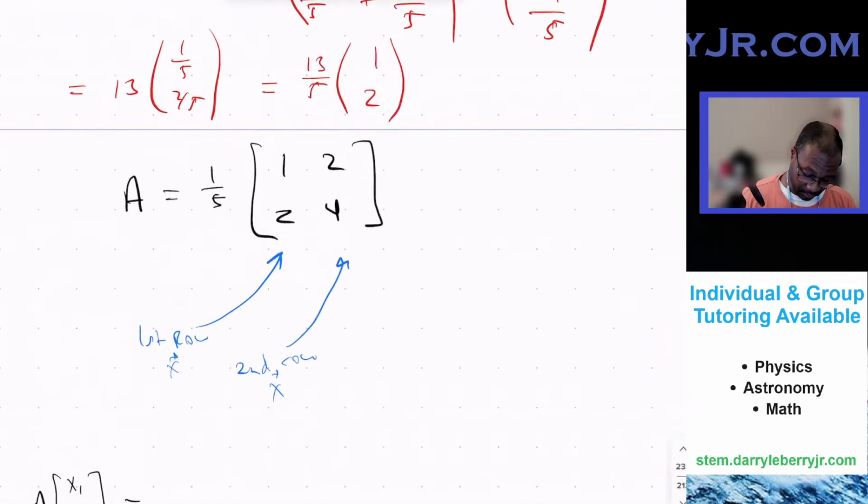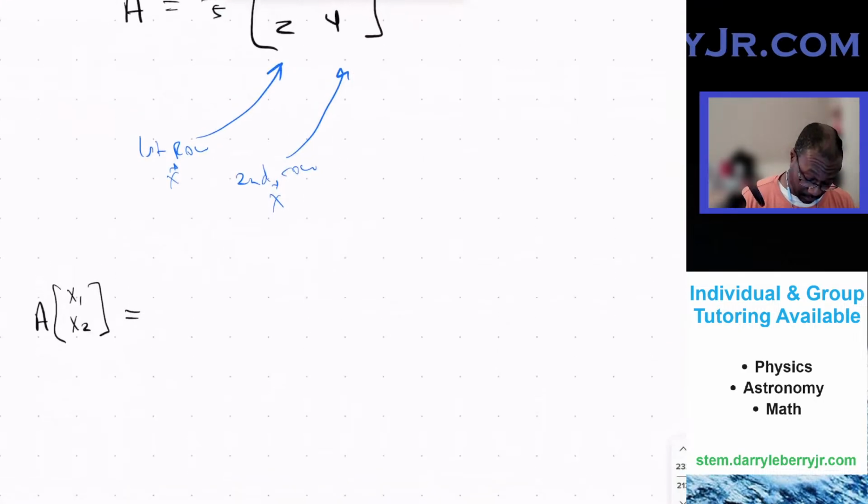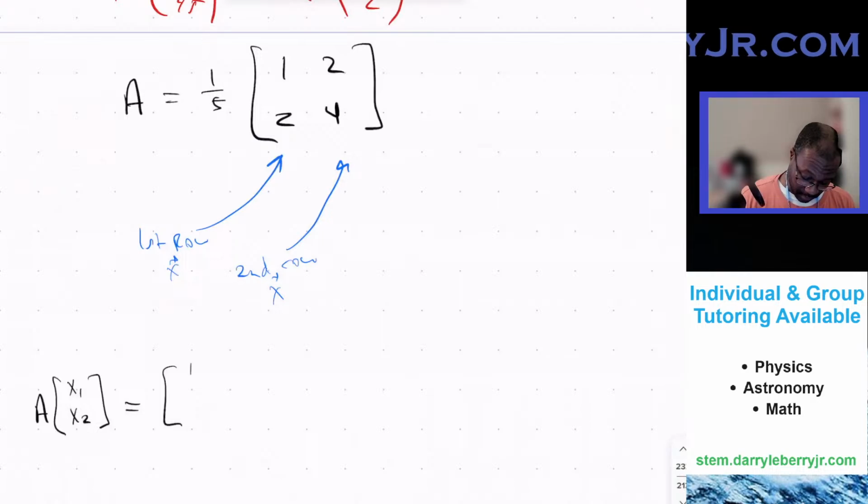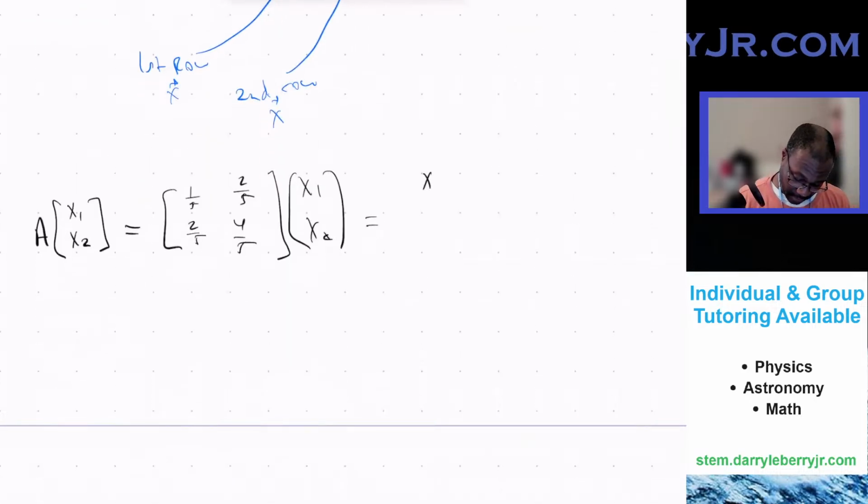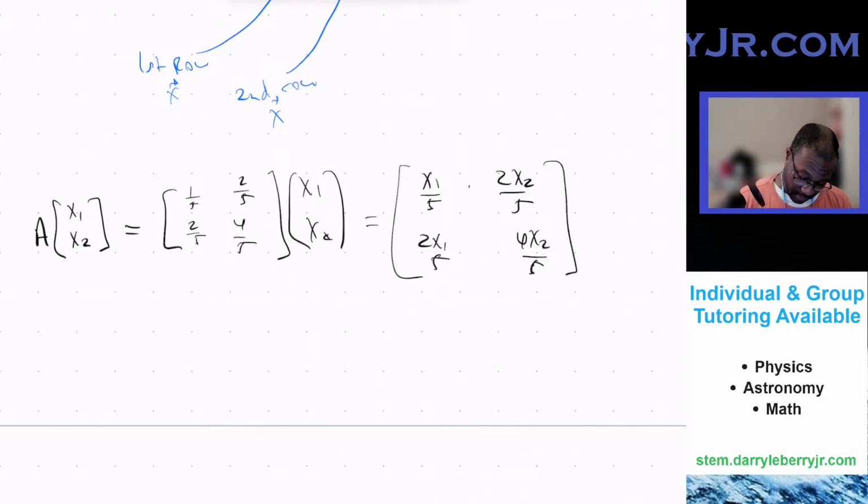So A times x1, x2 equals the matrix 1/5, 2/5, 2/5, 4/5 times x1, x2, which equals x1/5 plus 2x2/5 and 2x1/5 plus 4x2/5.